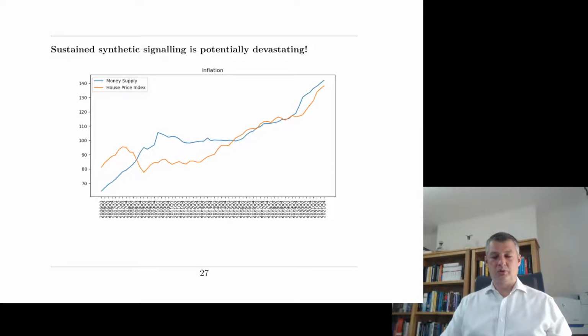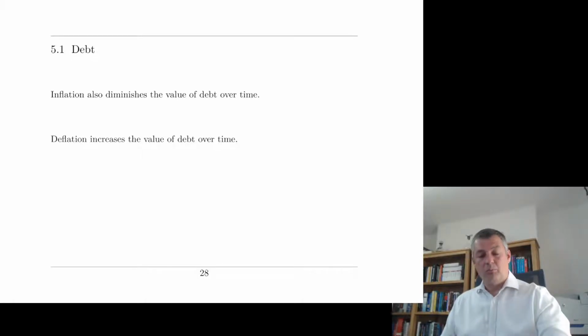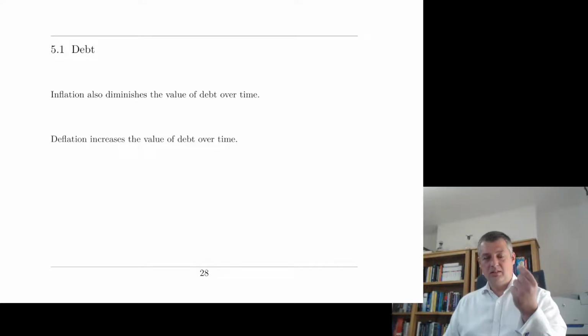I should also mention, because this is something that you'll frequently hear when people are talking about inflation and deflation, the impact on debt. And it's quite simple, really. If I borrow 1,000 of these from you today, and I can buy 100 sandwiches with these, well, then I've effectively borrowed the equivalent of 100 sandwiches.